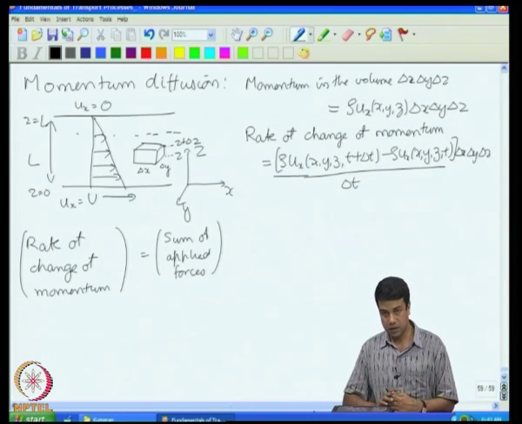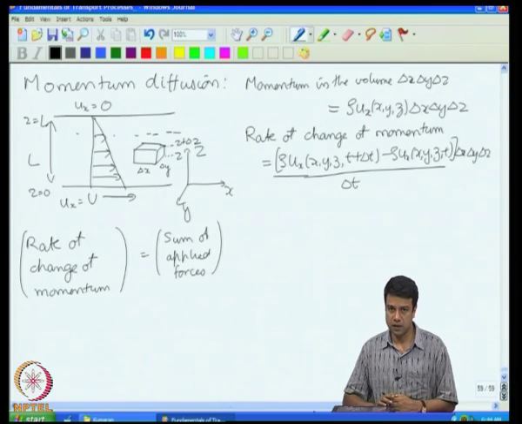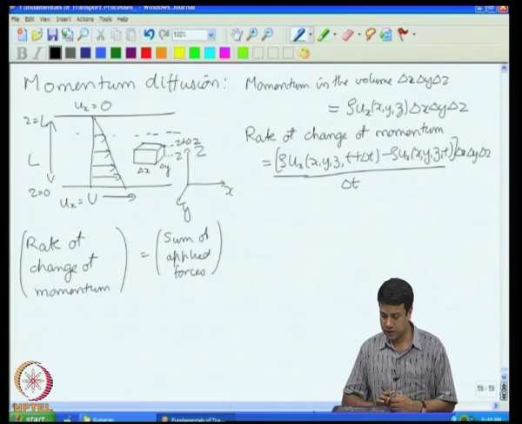The rate of change of momentum in this volume, change in momentum per unit time, is rho ux at x, y, z, t plus delta t minus rho ux at x, y, z, t, times delta x, delta y, delta z, the whole thing divided by delta t. So, that is the rate of change of momentum within this differential volume.